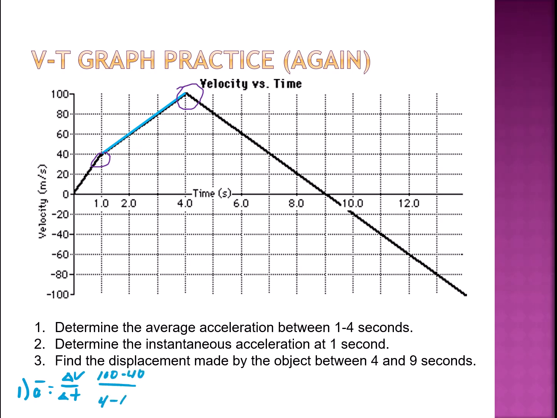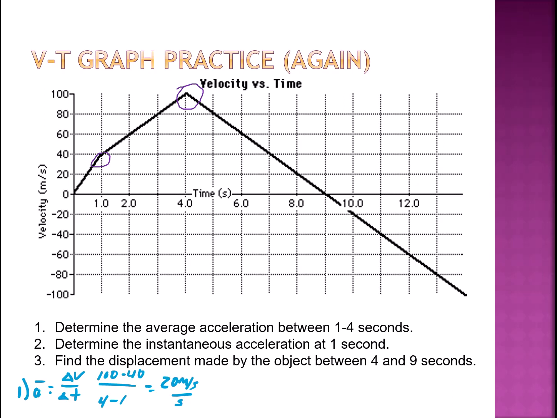But I can plug in the numbers to check. I'm physically calculating the slope. 100 minus 40 divided by 4 minus 1. That's 60 over 3, or 20. And that's where being able to do the slope is always going to be quicker and more efficient than using the physics equations, because I'm using the average acceleration equation.